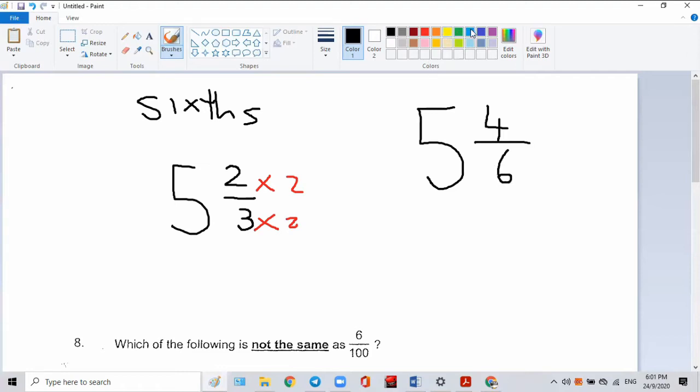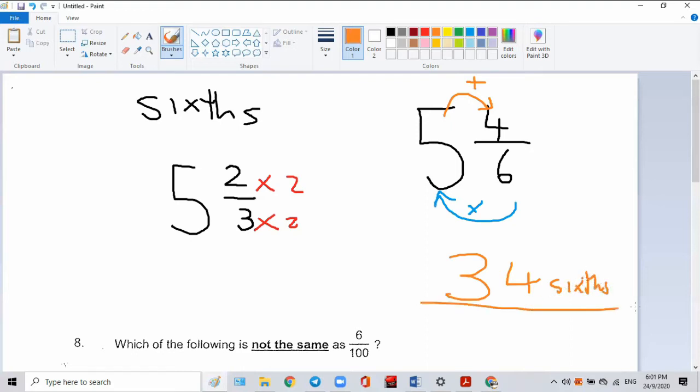So what's the next step? 5 times 6, which is 30, and then 30 plus 4, total 34 sixths. It is first times, then times again, then plus.